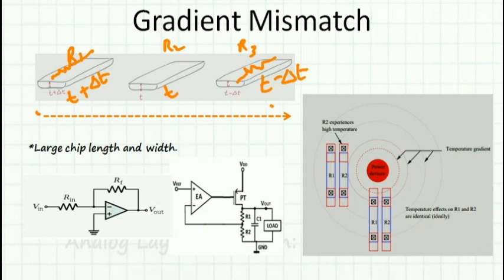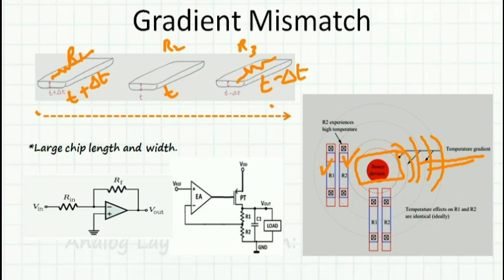Another kind of gradient is a temperature gradient. As you can see here, I have a power device, and then I have thermal gradients going around like this. If I put two resistors like this, resistor R2 has a higher temperature gradient as compared to resistor R1. Where can I get such a scenario?